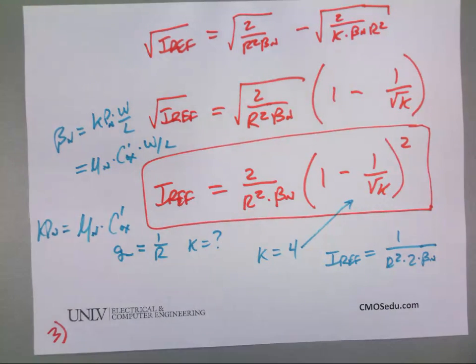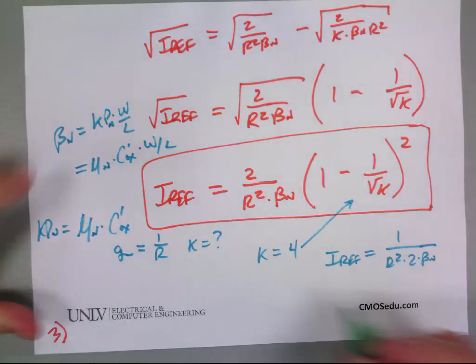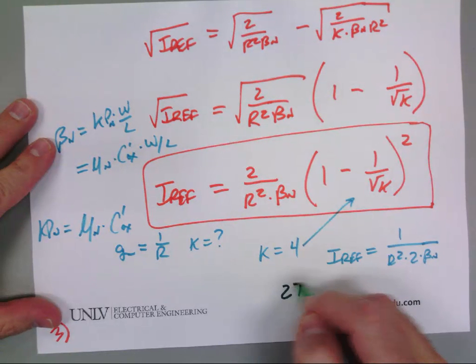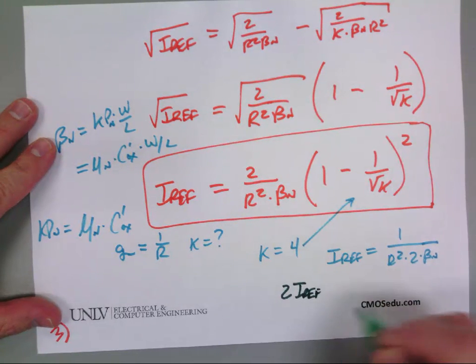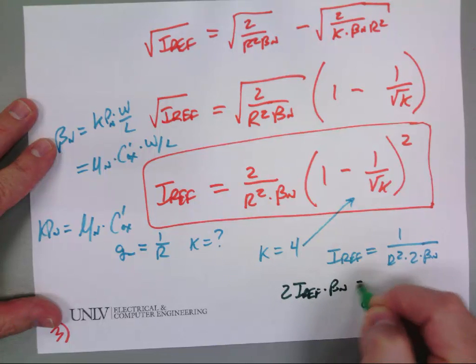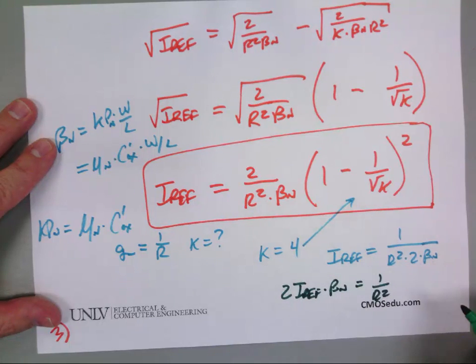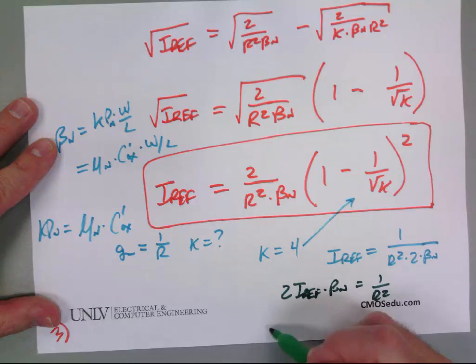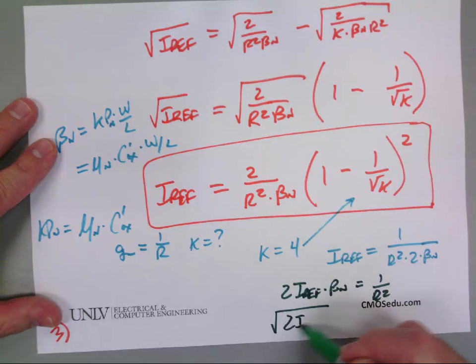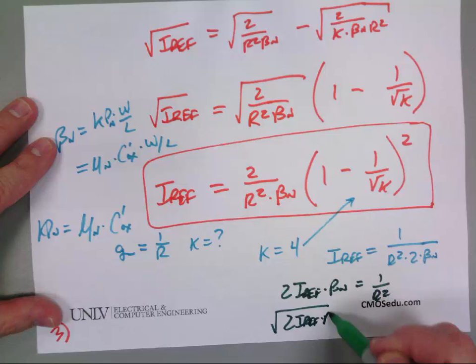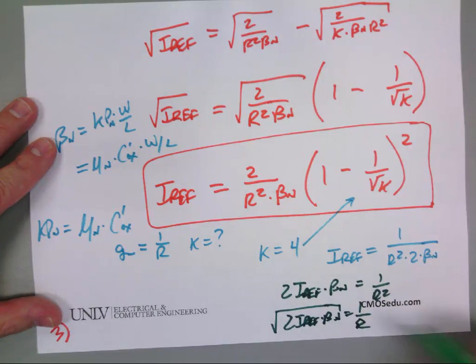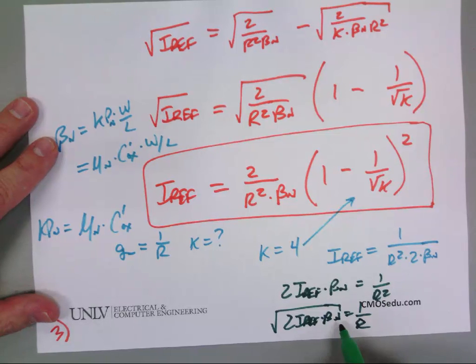It's confusing. So everybody cool with this? So I can rewrite 2 Iref times beta sub n equals 1 over R squared, or square root of 2 Iref times beta sub n equals 1 over R. And of course, what is the square root of 2 times I times beta sub n?